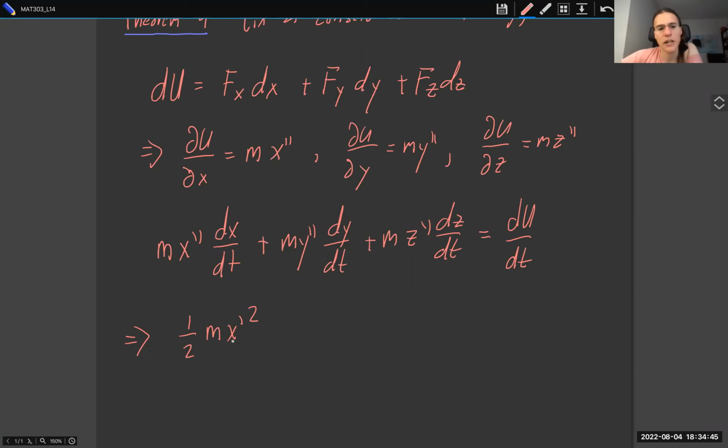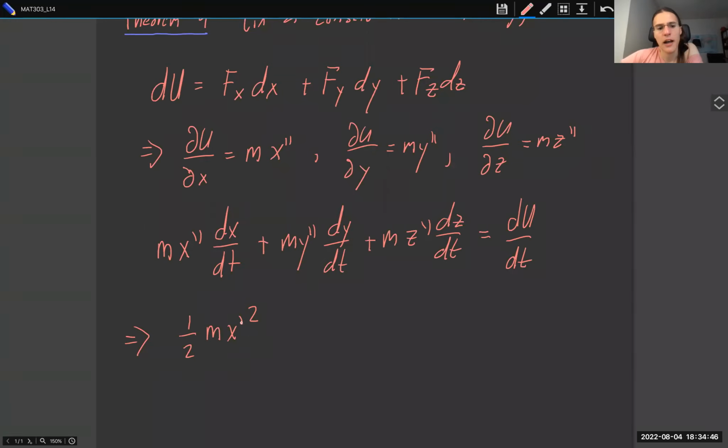Suppose that I differentiated this expression. Then I get 2 x prime times x double prime. Yeah, that's right. So yes, if I integrate this with respect to time, I get this expression.